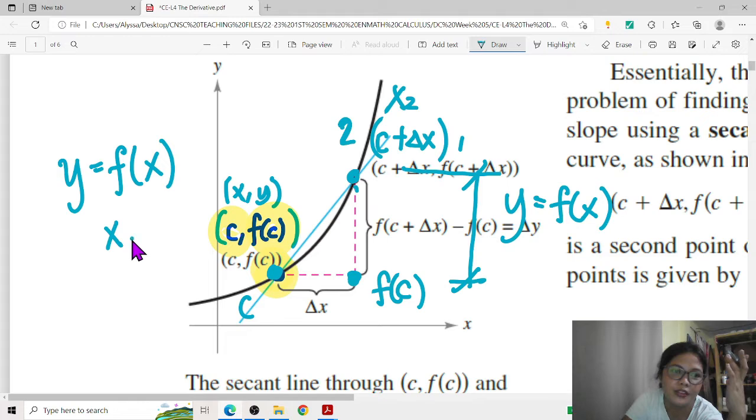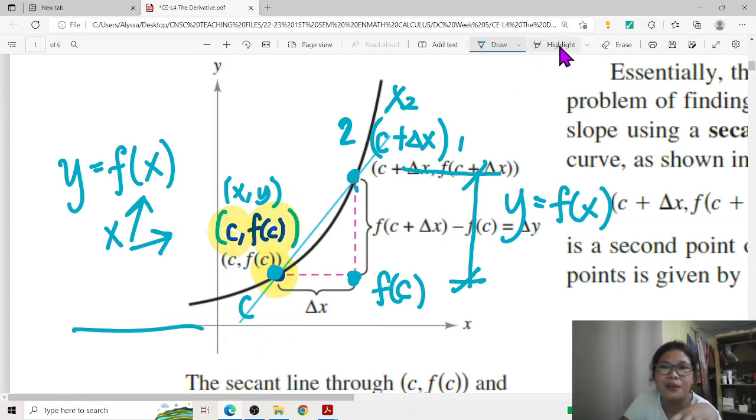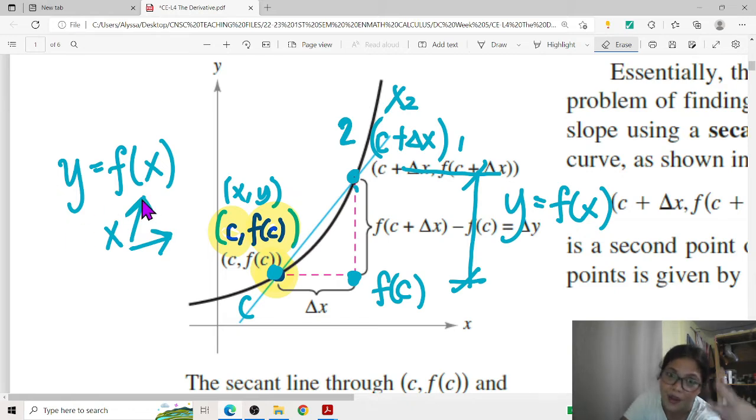As x goes up or goes here to the right, so malamang sa malamang umaakyat din yung y value mo kasi positive x yun. Unless otherwise negative, so papunta naman siya dito. So, ibig sabihin ko lang, may kaakibat na value yung x. Kapag sinubstitute mo siya sa x, may kaakibat yun na value din naman sa y. So, y is a function of x.